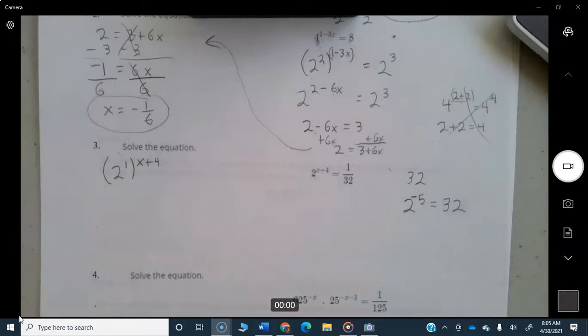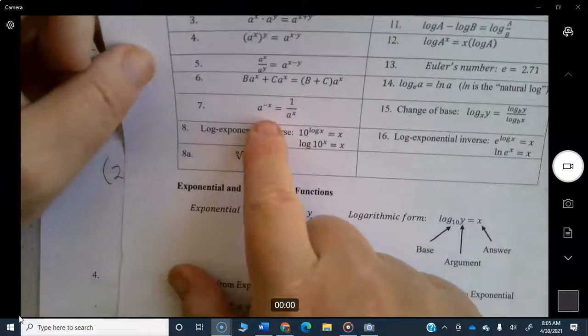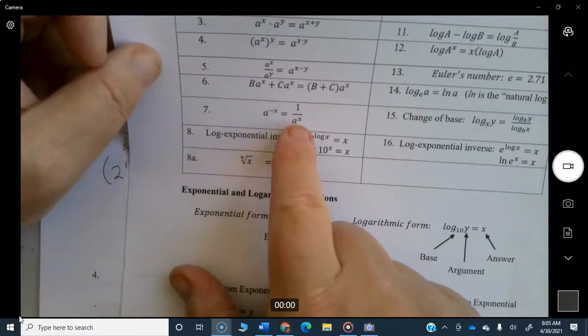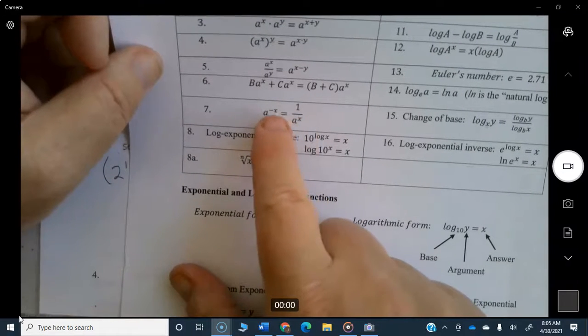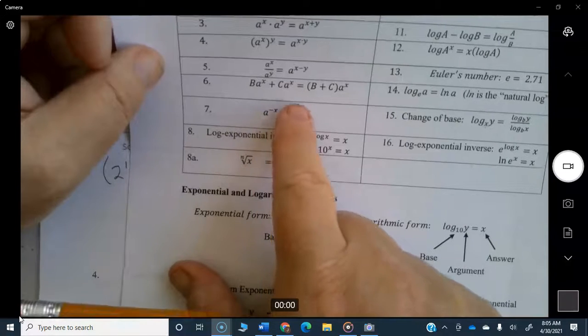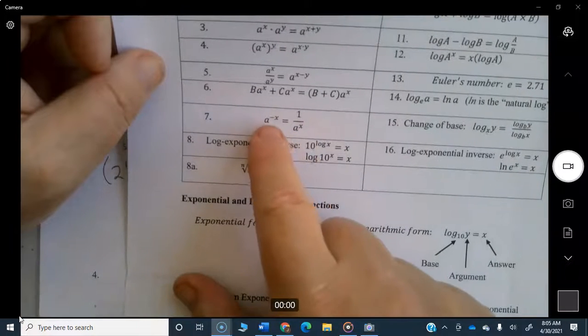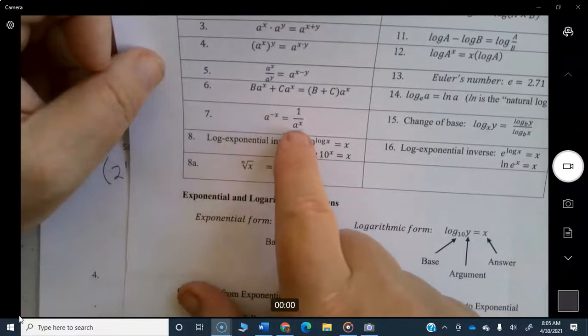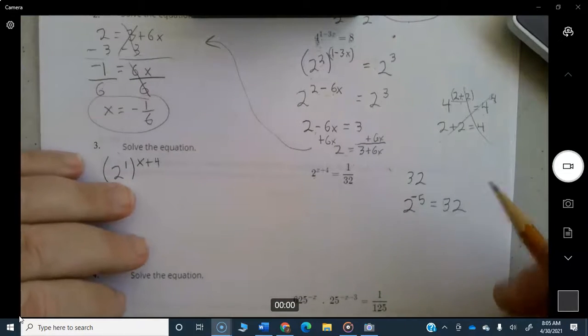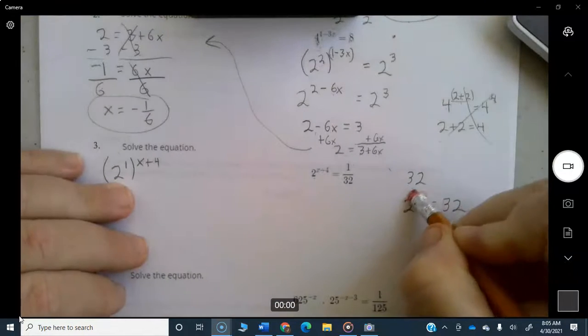Where did that come from? Well, it comes from right here, what I was about to show you. A to the minus x equals 1 over a to the positive x. So if you have a negative exponent, it doesn't make the number negative. It just makes it a fraction, a reciprocal. It flips it. You take a to the positive x and you flip it over like that, okay? So, let me go ahead and do that.